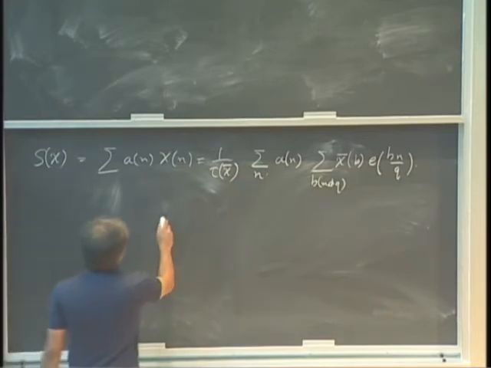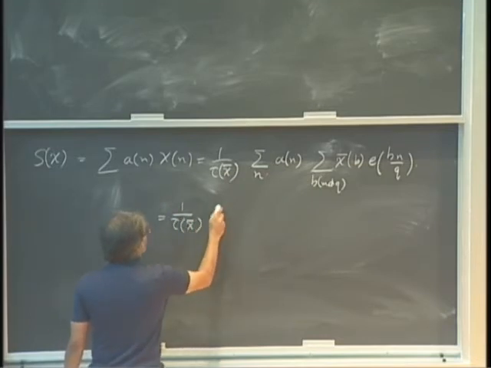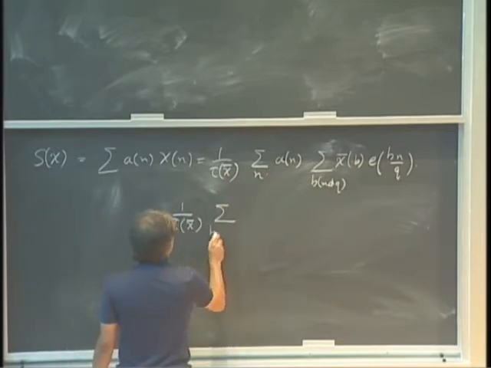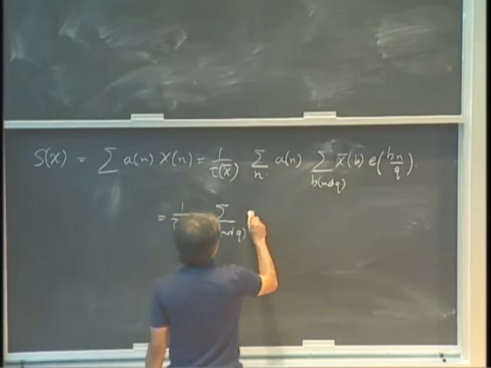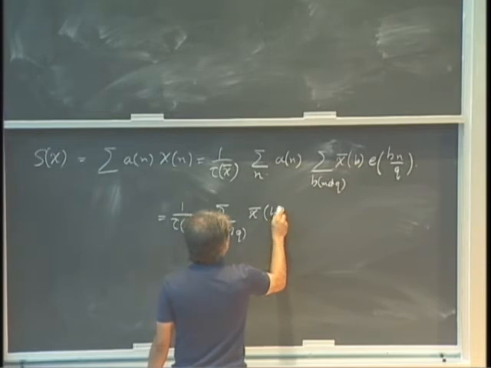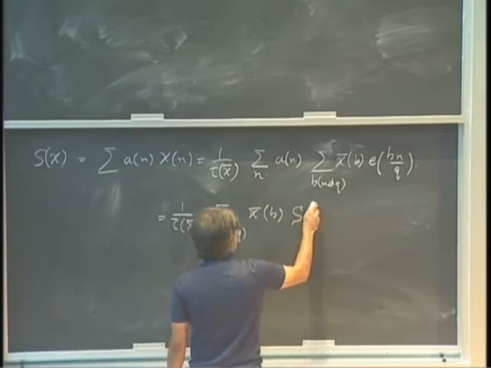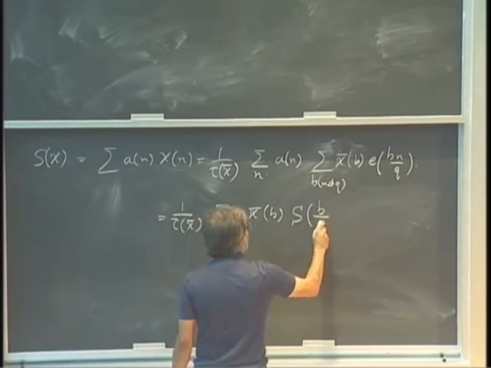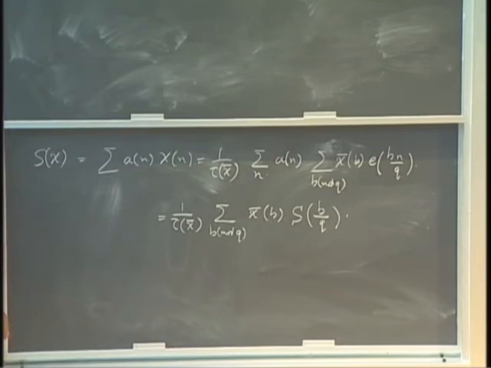Which is 1 over tau chi bar sum over b mod q chi bar of b. And let me just call this exponential sum with the same S, but realizing that this is an exponential sum b over q. So far, so good?